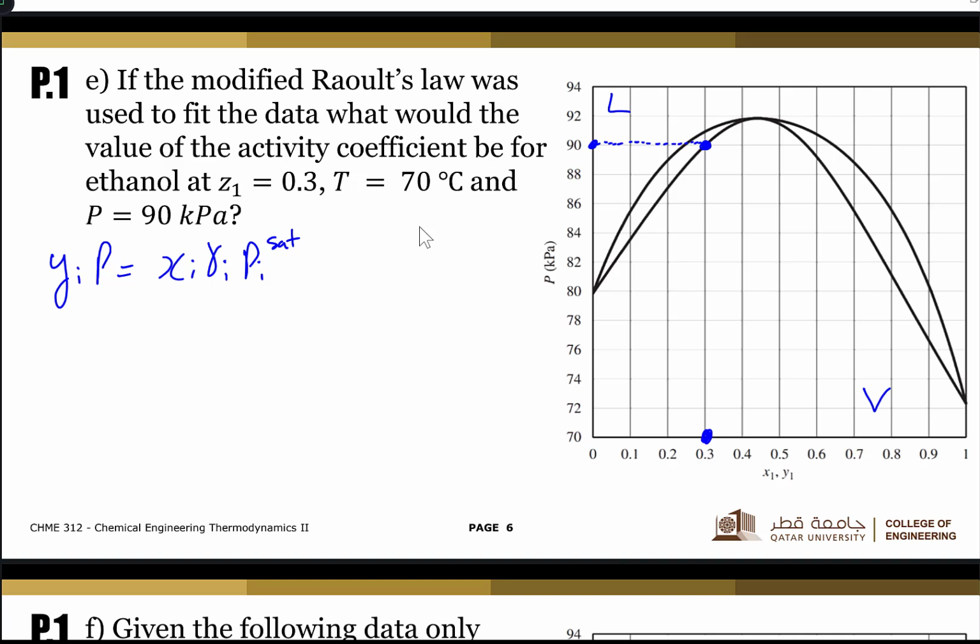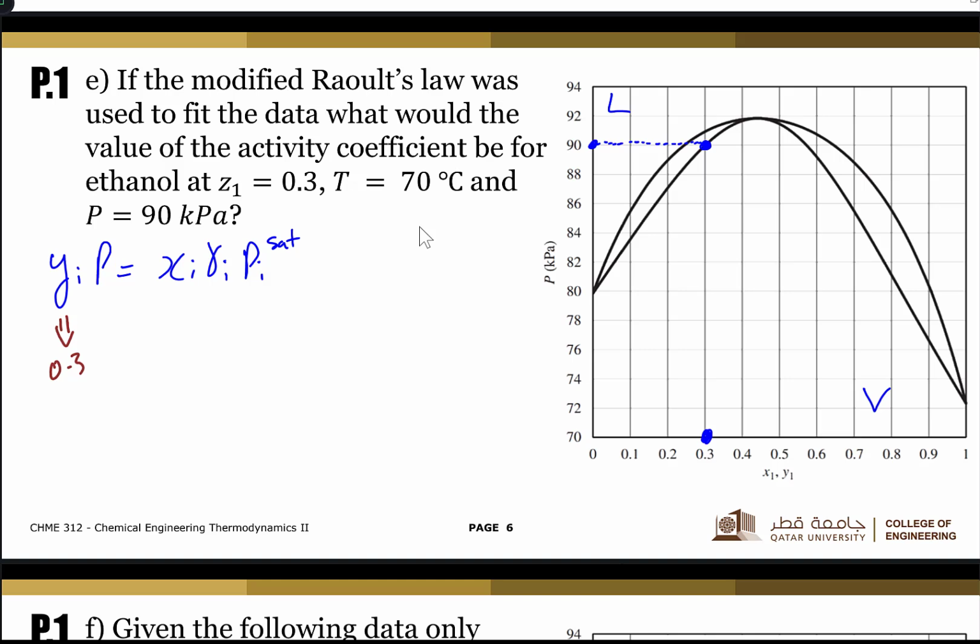Is it vapor? I'm not specifying. You have to figure that out. By looking at the plot, you know that it's a y. Why? Because it's on the dew line, right? So it's closer to the vapor side. So now we can say yi equals 0.3.